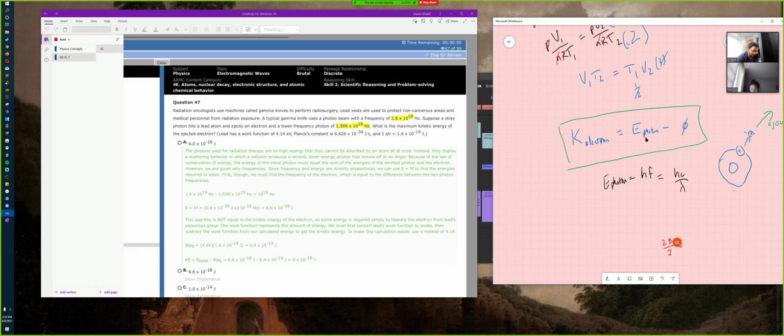So let's say 20 over 3 times 10 to the negative 34 times what's the speed of light? 3 times 10 to the 8. So these threes cancel. Perfect. So you basically get 20 e negative 26. So that is very useful to remember as hc.